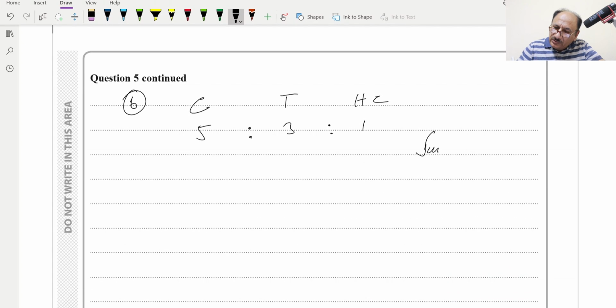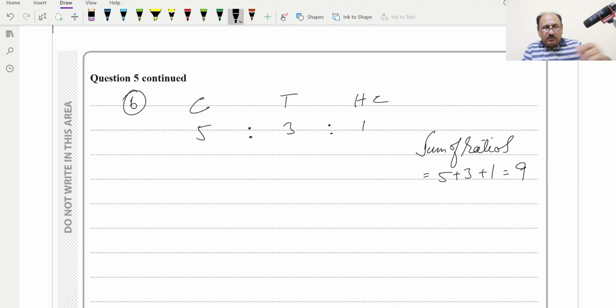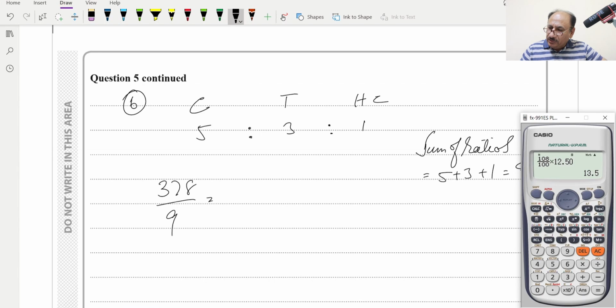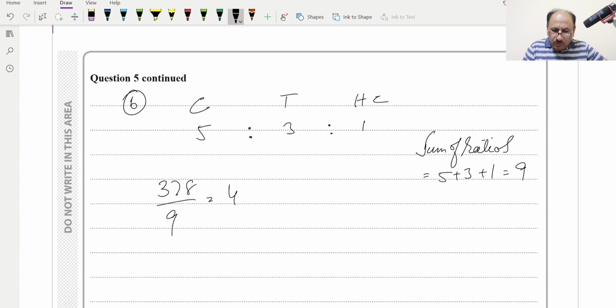The sum of ratios will be equal to 5 plus 3 plus 1, which is equal to 9. And now 378 cups, so 378 will be divided by 9 and we will get one portion. 378 divided by 9 is equal to 42. So 42 is a single portion.